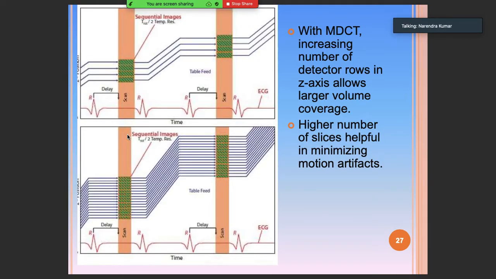So as we can see over here, with the MDCT, there is an increasing number of detector rows in the z-axis, so a larger volume can be covered, and we can further minimize the motion artifacts. The acquisition time is definitely going to be lesser, and the temporal resolution can become better as well.